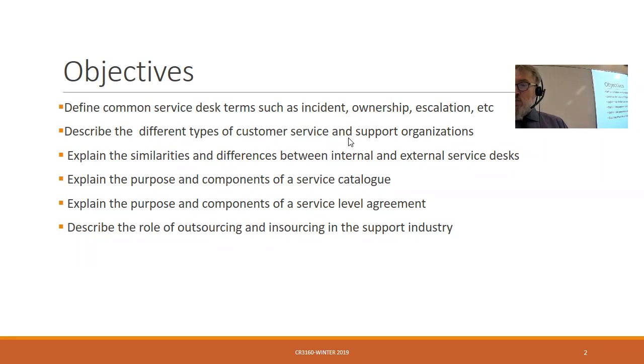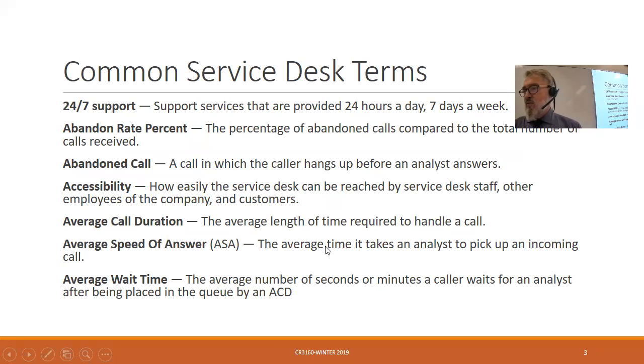Customer service support organizations and incident ownership, we discussed some of these things, not all of them. We didn't discuss service catalog. We did discuss service level agreement; there's a whole chapter on that in the CR 1260 course that you guys have done. Outsourcing and insourcing, we kind of touched on that. So some of this is going to seem familiar to you, but some of these terms are going to be new to you.